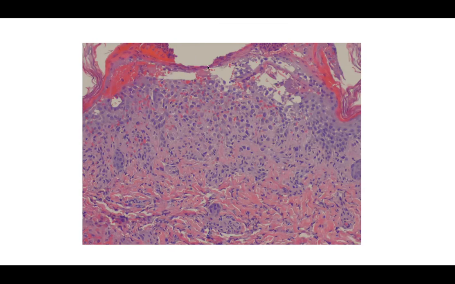I find that this also helps me if I'm dealing with maybe an eczematous process in a young patient. If I don't see this robust extravasated erythrocyte reaction, then I tend to think, okay, it's probably not an aggressive proliferation of neoplastic cells. However, if the clinician is worried about Langerhans cell histiocytosis, I always do a CD1A and an S100 because I want to define the distribution of Langerhans cells.